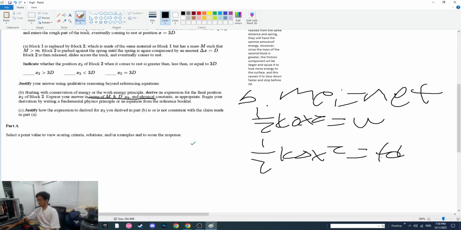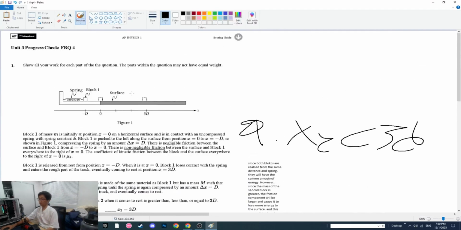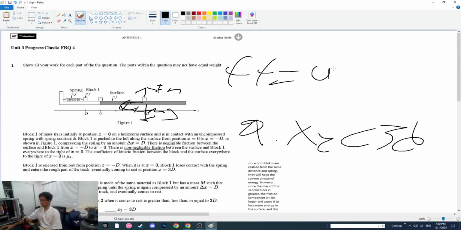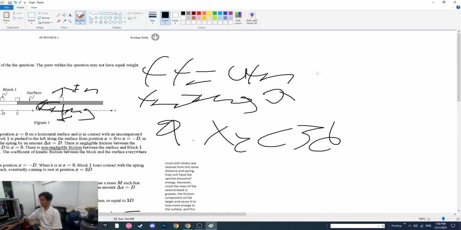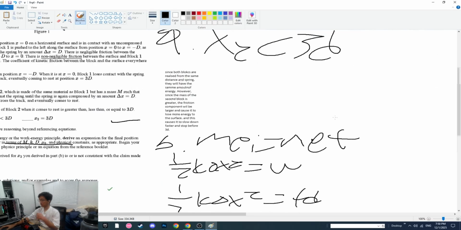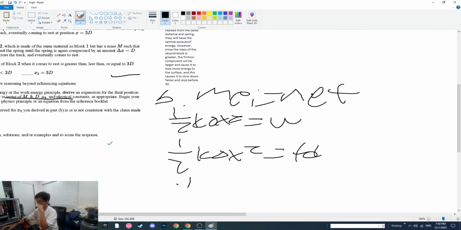force times distance. To find the force of friction, we can do a free body diagram. We have Fn, mg, and Ff. Friction is equal to mu Fn, and here we can write that Fn is equal to mg, so we plug in mg and get friction is equal to mu mg, and plug that in here.